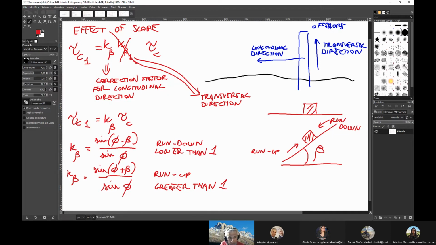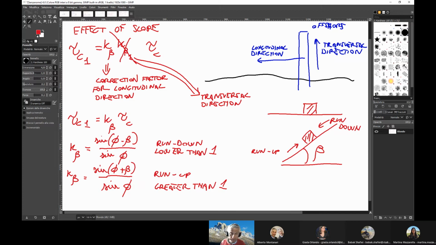Good. Now we are ready to apply the Shields criteria. In this case, of course, we need to be told what is beta, what is phi, what is the friction coefficient, etc. We need to know what is the forcing: wave height, wave run-up velocity, run-down velocity, and then once we have this information, we can apply our Shields formula.